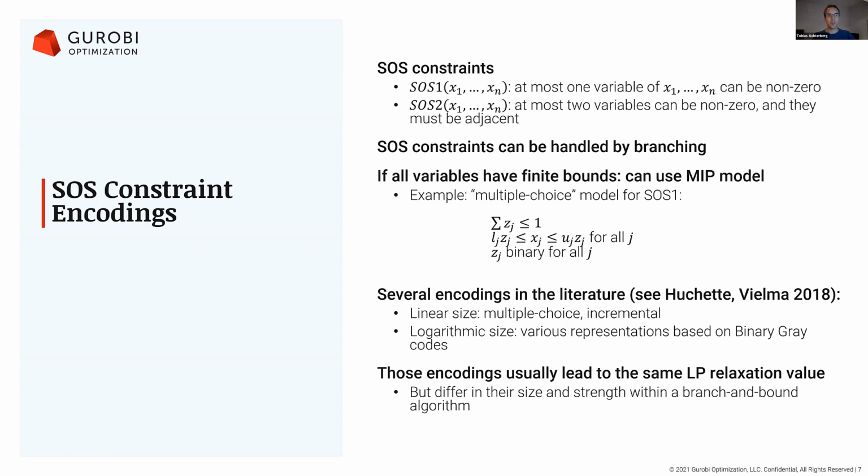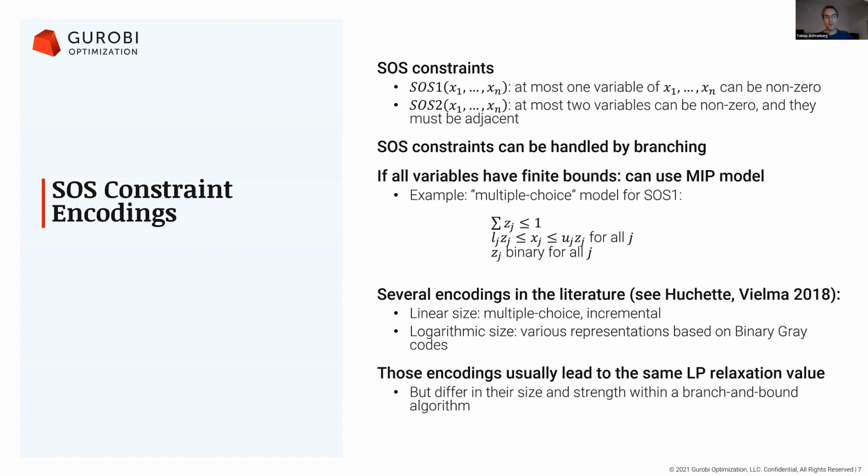And the SOS constraint improvement is just one of those. Recall that SOS constraints, that means special ordered set constraints, come in two flavors, SOS type 1 and SOS type 2. And they deal with an ordered set of variables. These can be continuous variables, integer variables, binary variables, whatever you want.